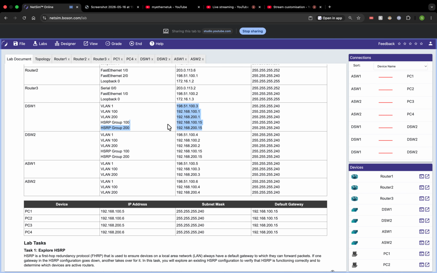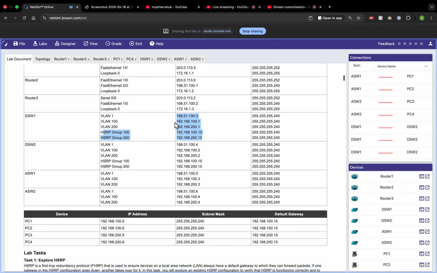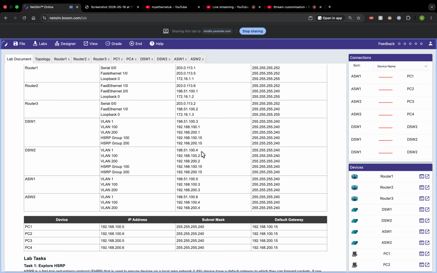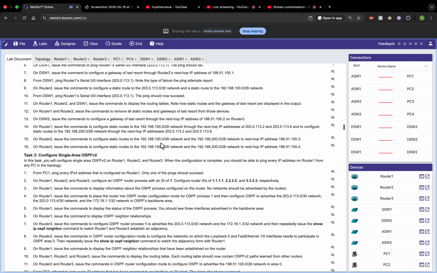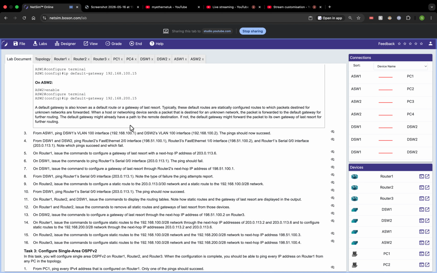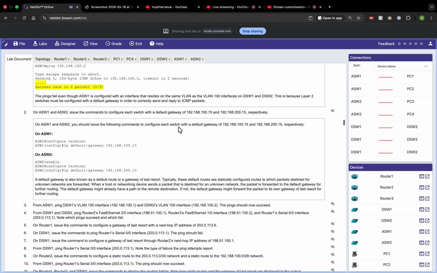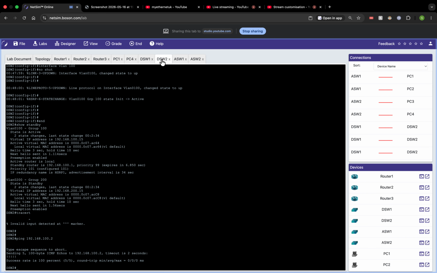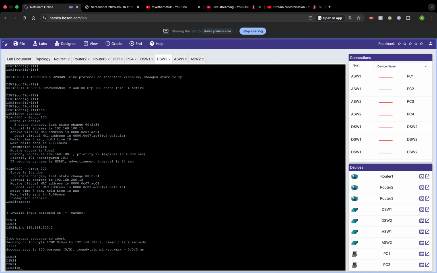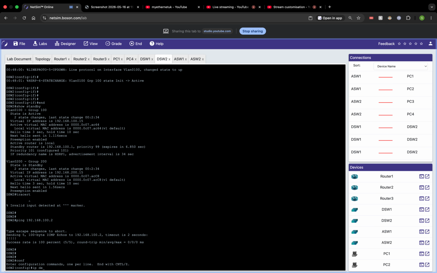So that's ASW1. For ASW2 we need to configure 200.15 as the default gateway, right?